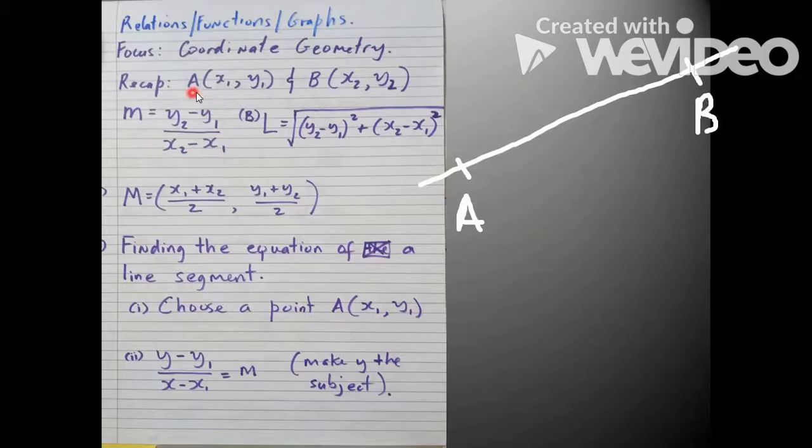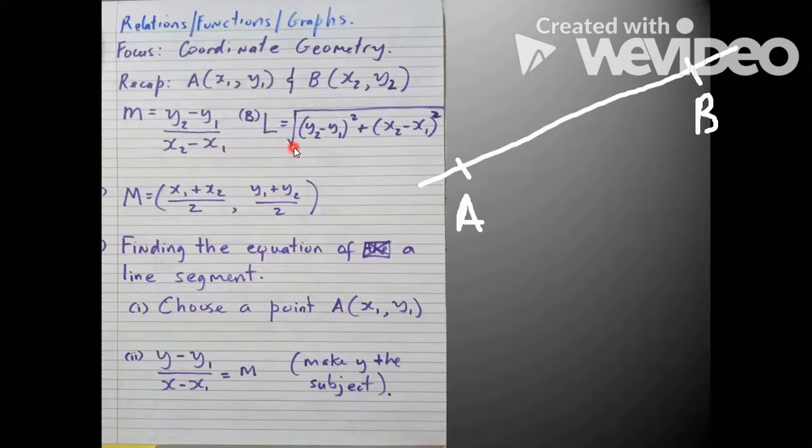Now you notice if you look at the points A and B, A has one x value and B has another x value. So we have 2 x values, x1, x2. And also for the y, we have 2 y values. So what we do, we just find the difference of those 2 y values and the difference of those 2 x values. And that will give us the gradient.